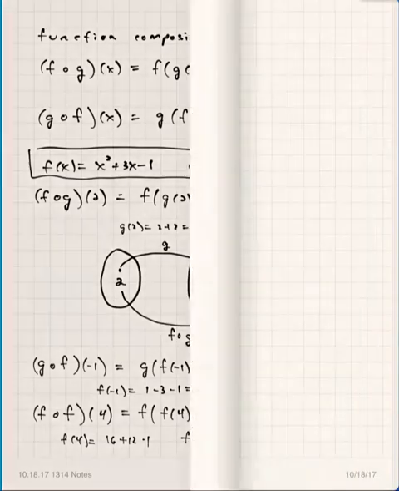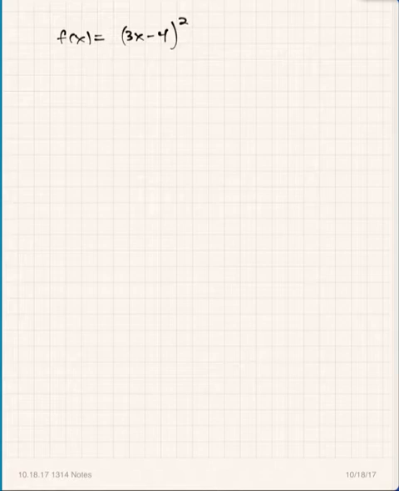Another thing I want to look at is if you are given 2 functions. So let's say I have f of x is (3x minus 4) squared. Sometimes you'll see this written out as decomposing a function.